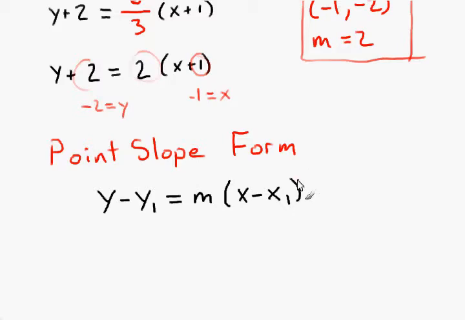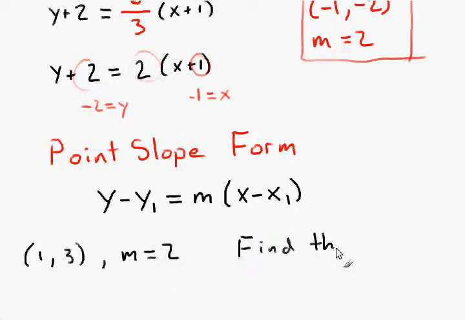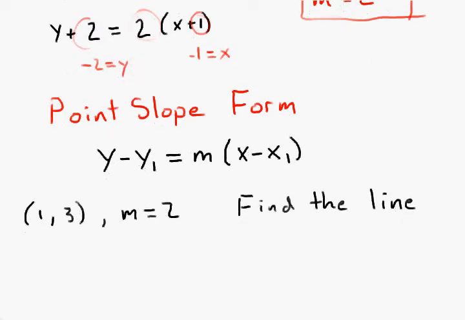So, how would we use this? Suppose we were given the point 1, 3 and slope 2. We would be asked to find the line that passes through the point with the given slope. 1 will make its way there, 3 will make its way here, and then finally this 2 will end up right there.